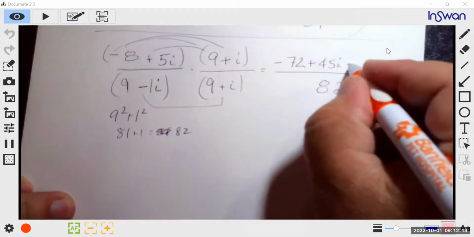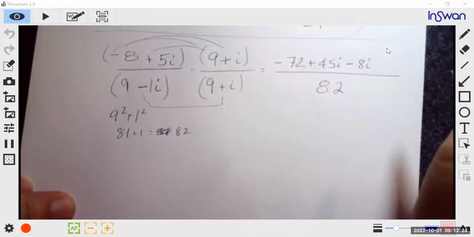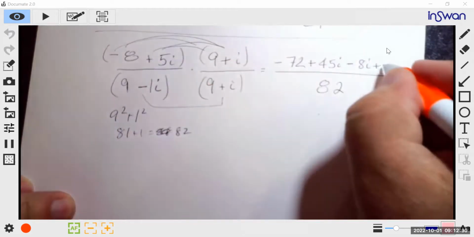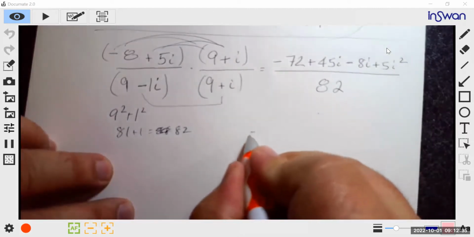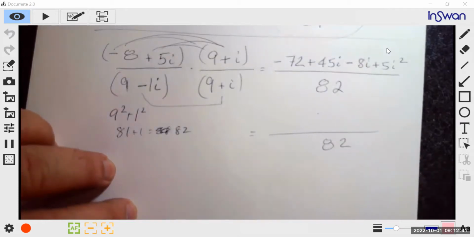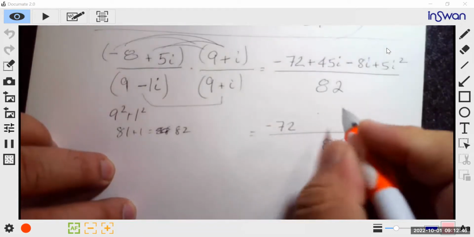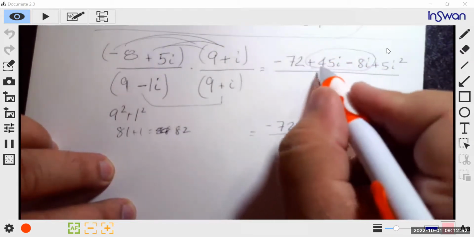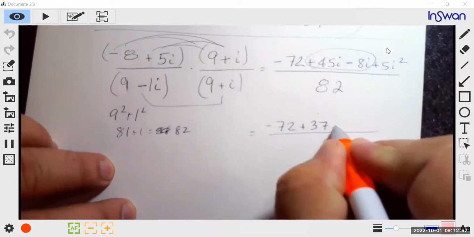Negative times positive is a negative. 8 times 1i is 8i. Positive times positive. 5 times 1 is 5. i times i is i squared. Negative 72. Combine the middle terms, they're both i's. So 45 minus 8 is 37i.